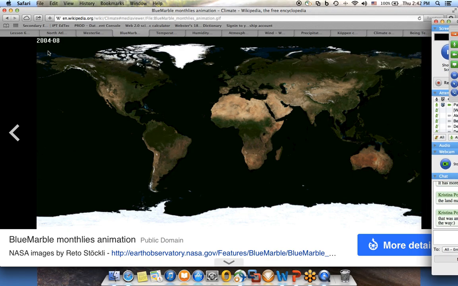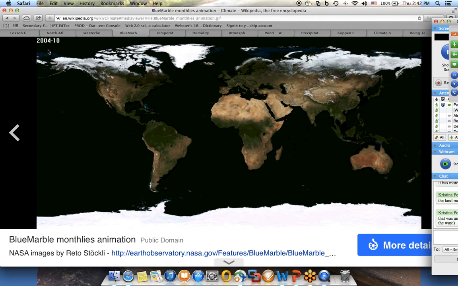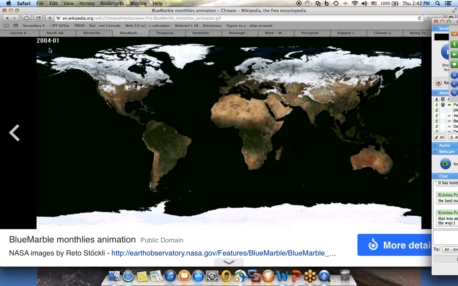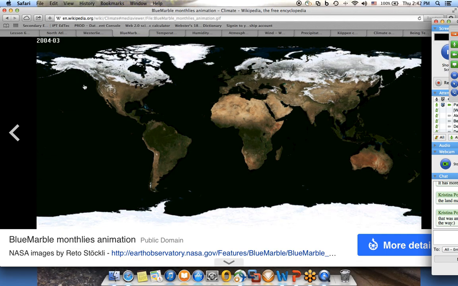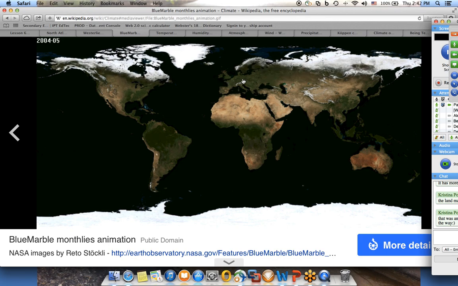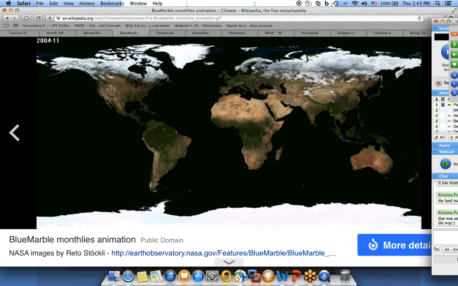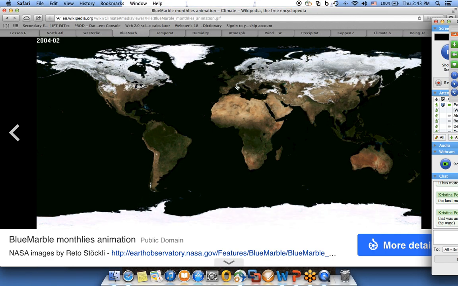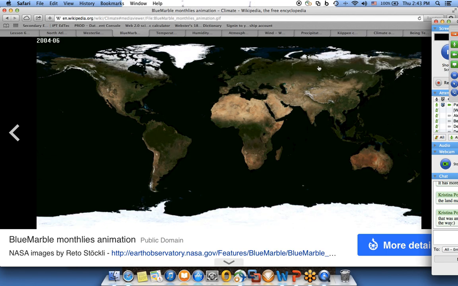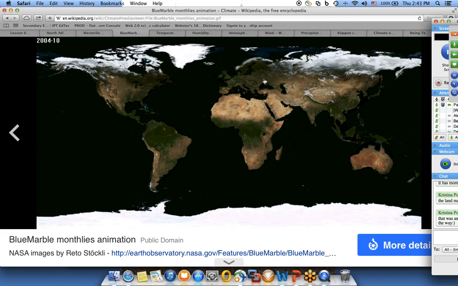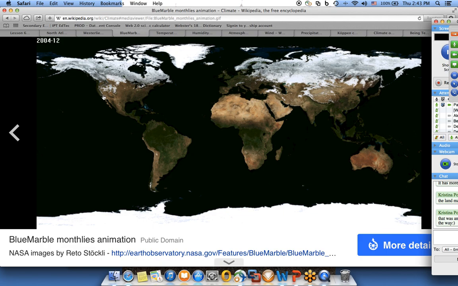It shows the satellite image, a composite image of satellite data for all the months of 2004. And again, you can see how the ice moves onto Eurasia, Europe, and Asia, during the winter months. And then these are the summer months throughout the northern hemisphere.